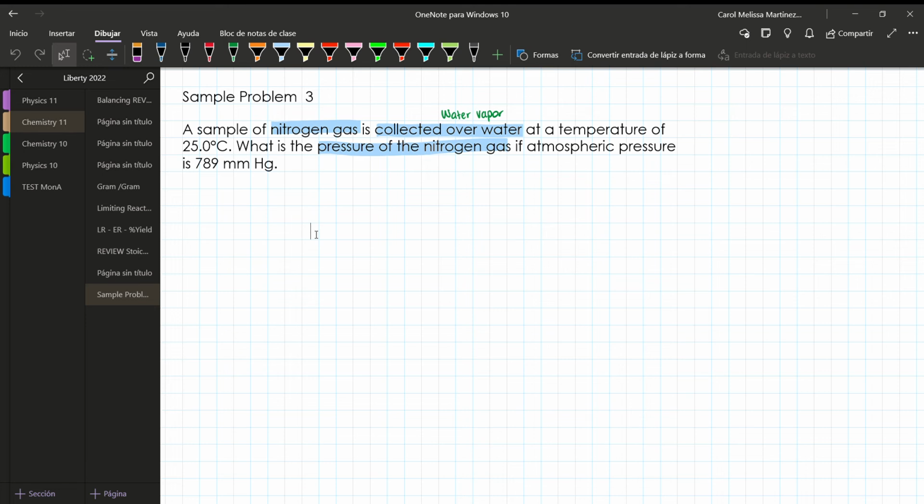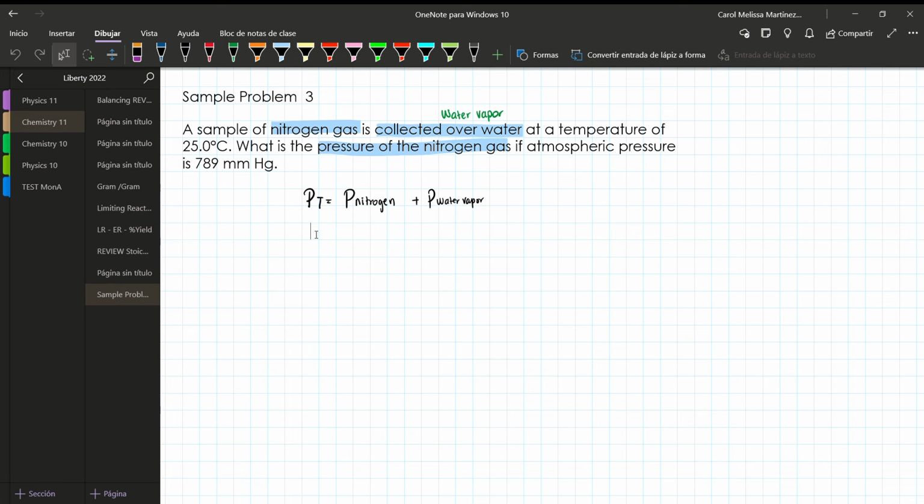So let's see. Total pressure is going to be equal then to the pressure of nitrogen plus the pressure of water vapor. Okay? Now, do I know the pressure of water vapor?